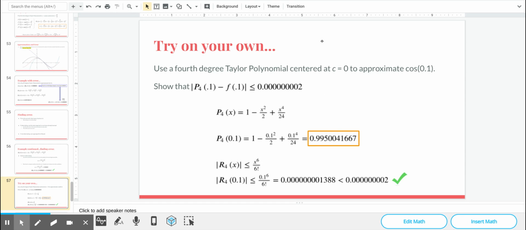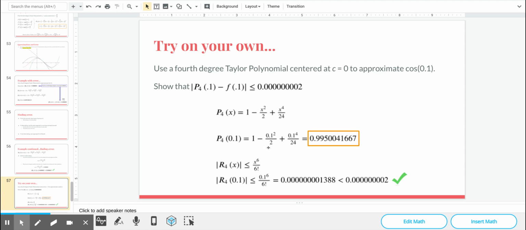Cosine, I know, alternates. It's in the actual series itself, -1 to the nth. And so I can use the alternating series error. And so the maximum error or remainder for a fourth degree Taylor polynomial is going to be less than or equal to the next term in cosine's Taylor series.